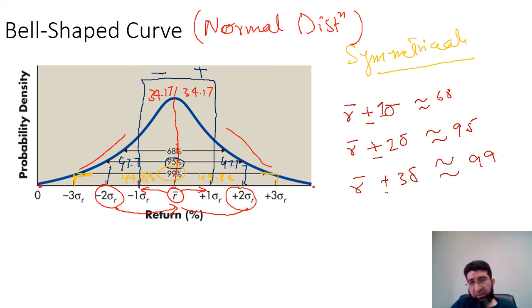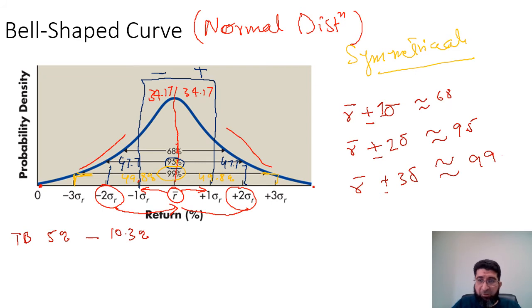So if I want to find the return range specifically for the bonds, in the last slides we saw that the treasury bonds have a 5% return and a standard deviation of 10.3%. So what is the range that I get?